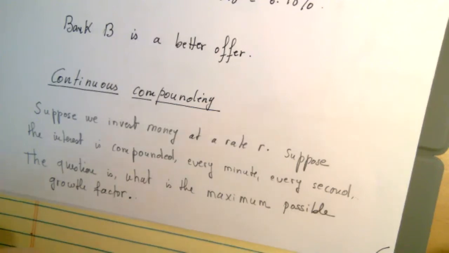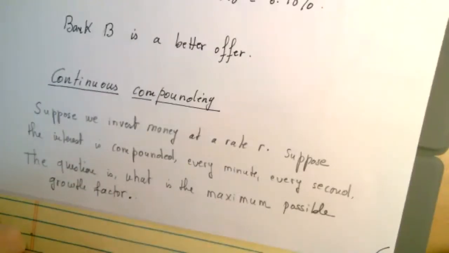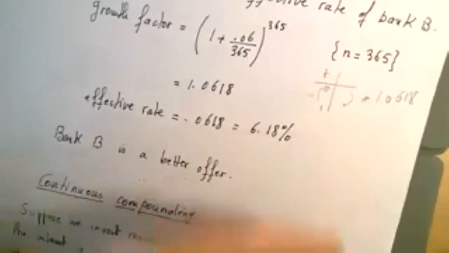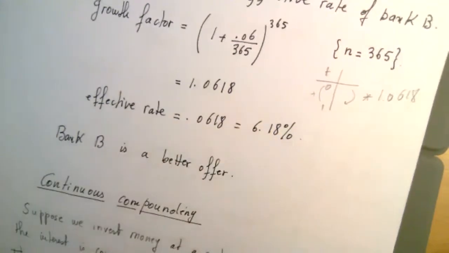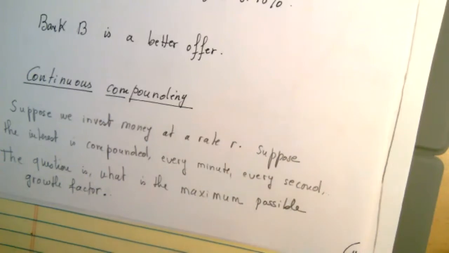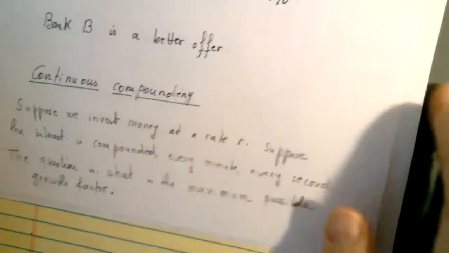It means if you start with 10,000, at an interest rate of 6%, and you keep compounding, what's the maximum possible effective rate you can get? So daily, we got 6.18%. Now, if I do it hourly, every minute, what's the maximum I can get? So that's continuous compounding. You keep compounding all the time, and how much money will you eventually make?